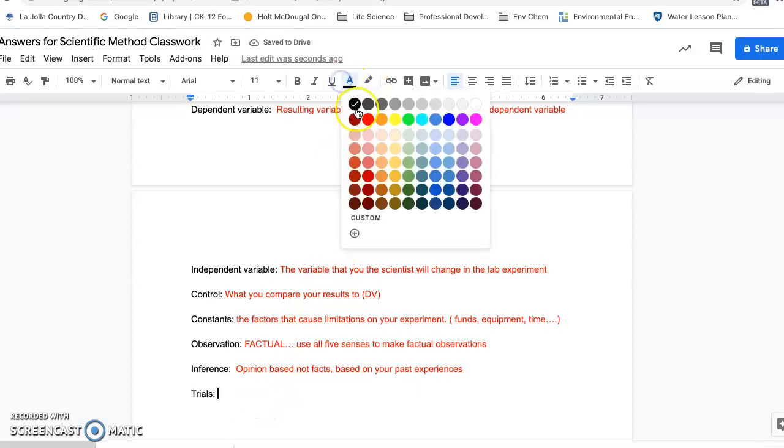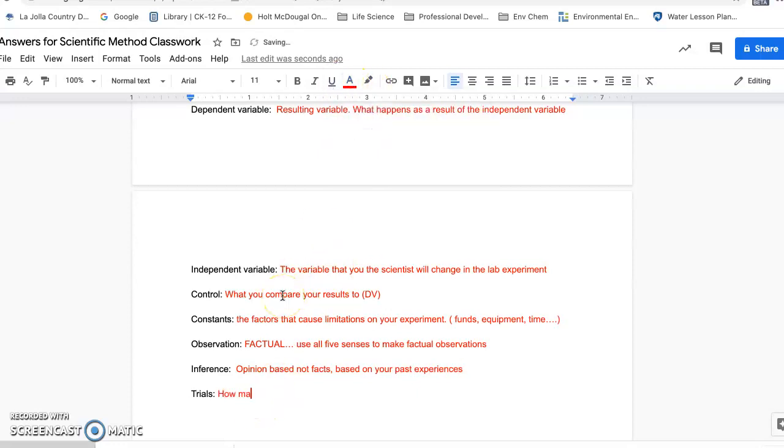Trials, this is how many times the experiment is repeated. 3 is a norm for a basic lab.